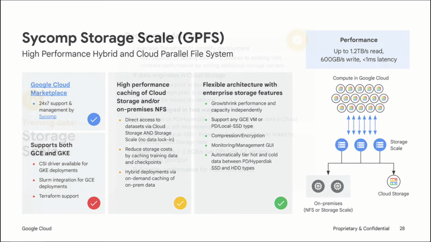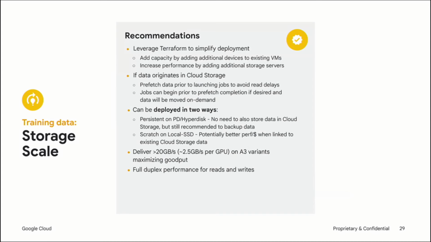Are you seeing customers using that, since it's on-prem and it's also in the cloud? What are the use cases they're looking at? Yeah, there's a few different use cases, but a traditional one that we have some customers on: they have an on-prem DGX cluster. They have an on-prem file system.